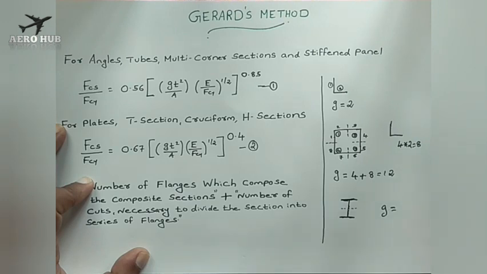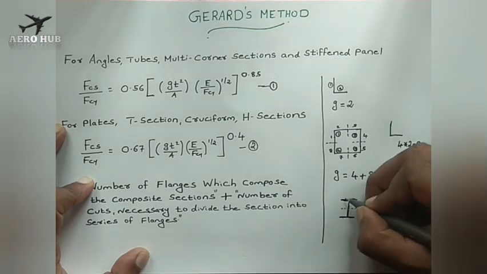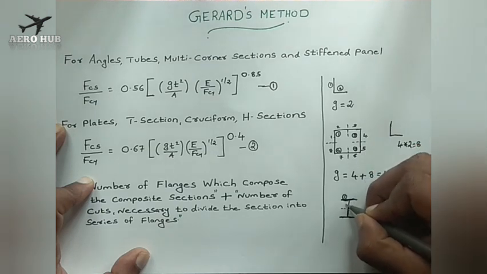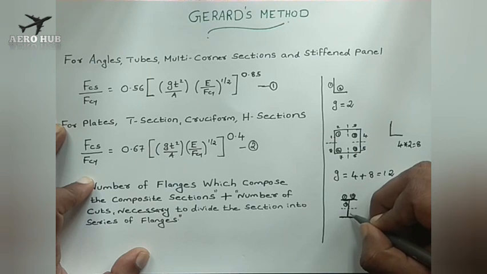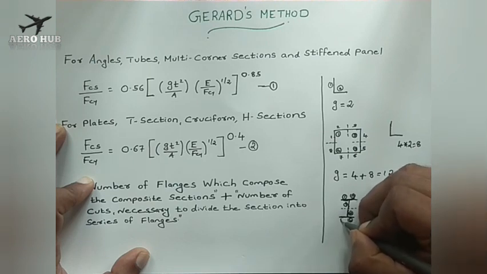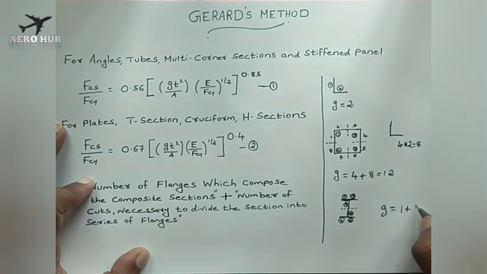So totally I made one cut, plus the number of flanges. This is the first flange, this is the second flange, the third, the fourth, the fifth, and the sixth flange. So totally 1 plus 6, and the value of G is 7.